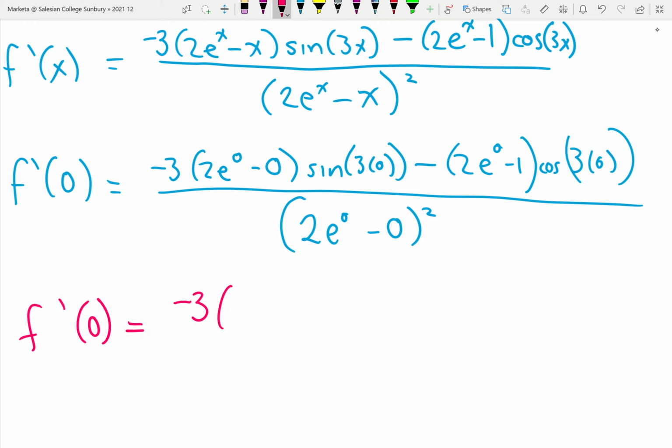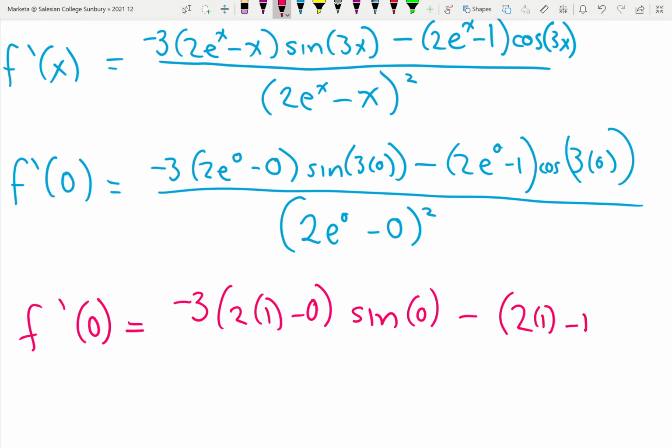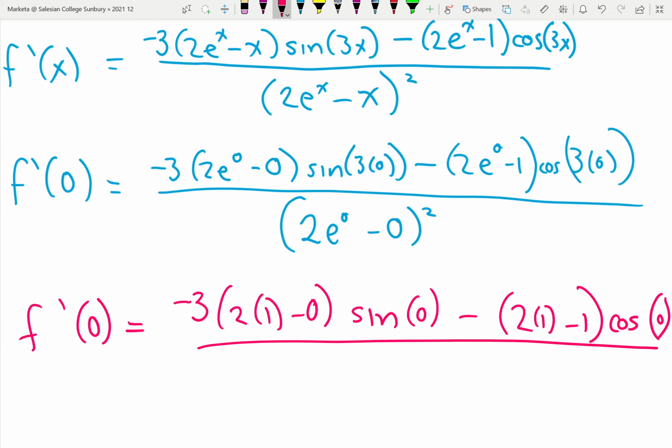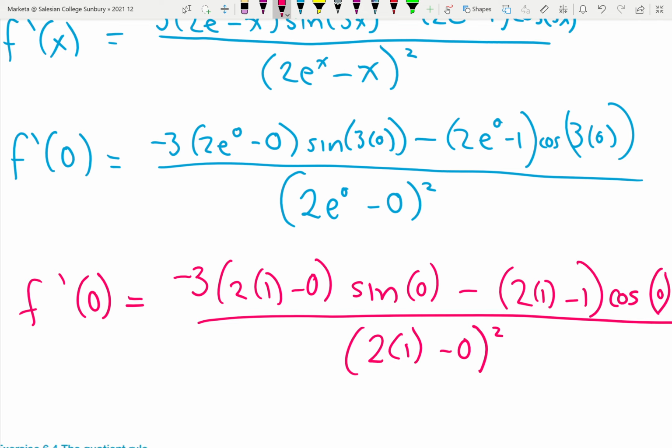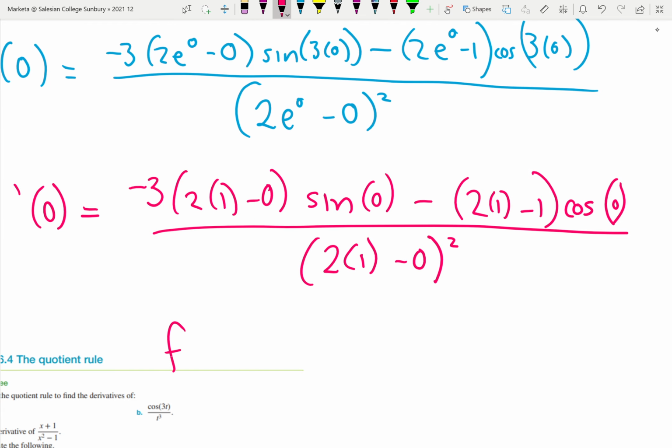So negative 3, 2 times 1 minus 0, sine 3 times 0 is 0, minus 2 times 1 minus 1. You don't need to write this whole thing out. I just want to do it carefully so you can see how it works. 2e to the 0 is 1 minus 0 squared. So f dash of 0 equals negative 3.